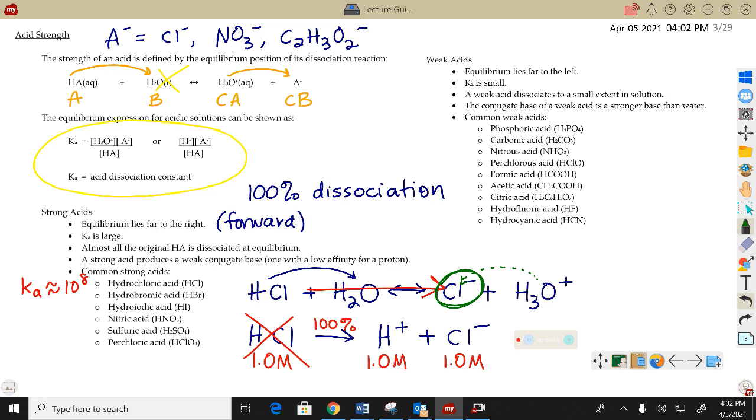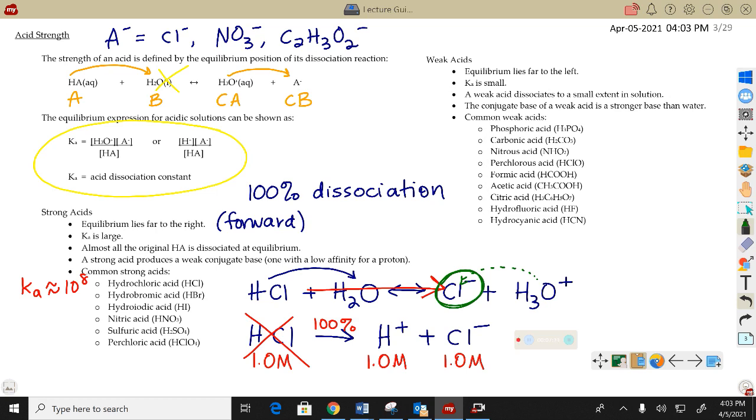But chloride is bad at being a base. If the equilibrium lies so far forward, the chloride just really doesn't remove hydrogen. It doesn't shift this thing backwards. And so essentially the chloride stays chloride ions and the H3O plus stays H3O plus, or just hydrogen ions. This really doesn't reverse itself.